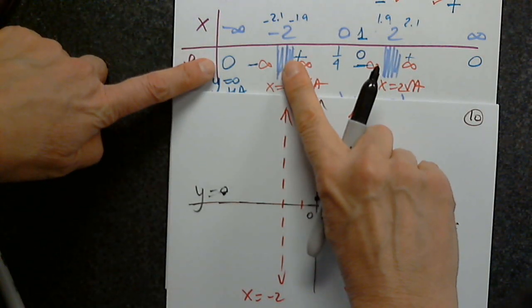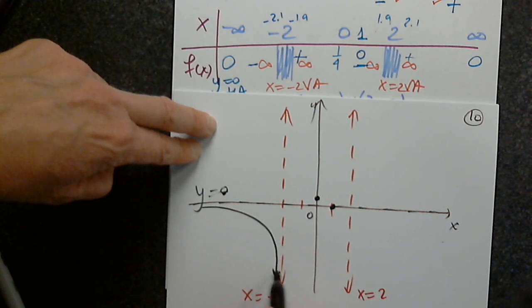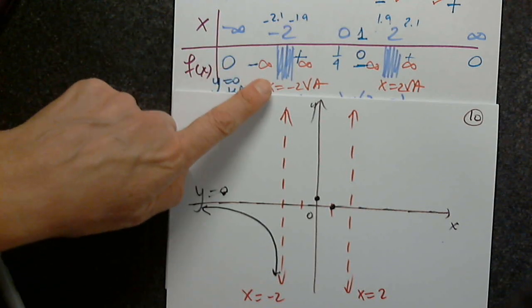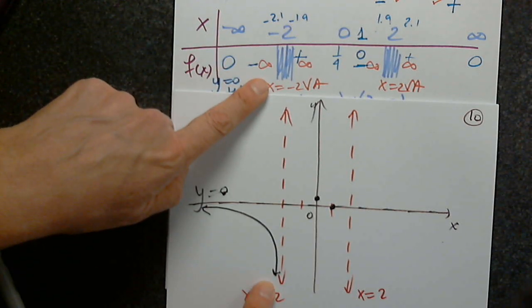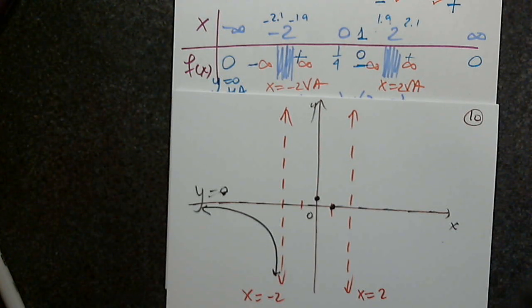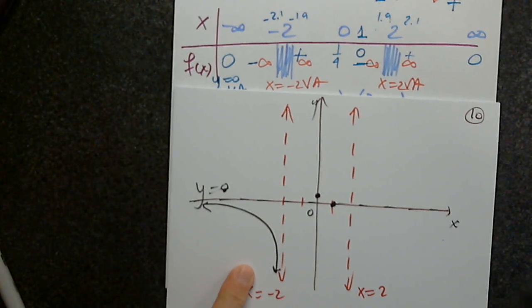Let's start with this piece. From 0 down to -infinity. The function does not touch the asymptote; eventually we say it gets closer and closer to it. Do not make it touch or cross, careful.